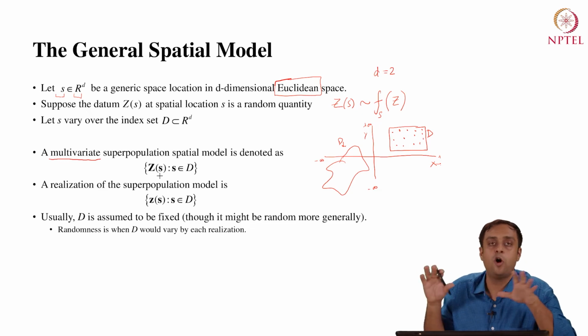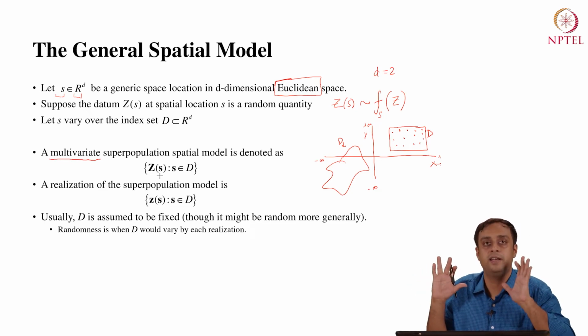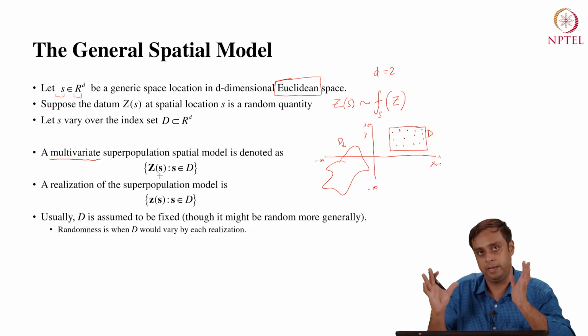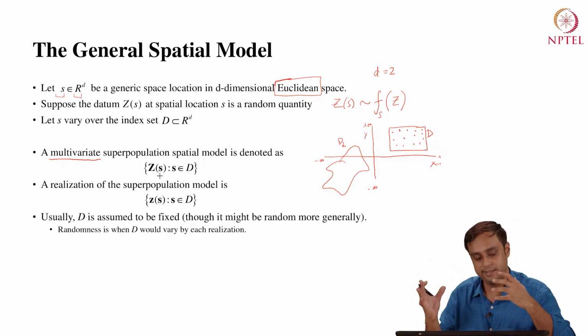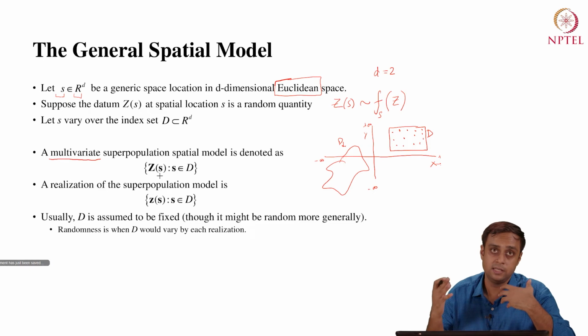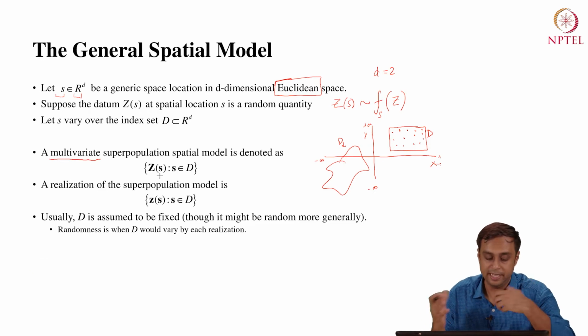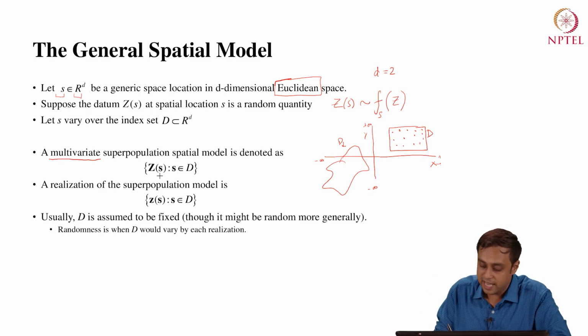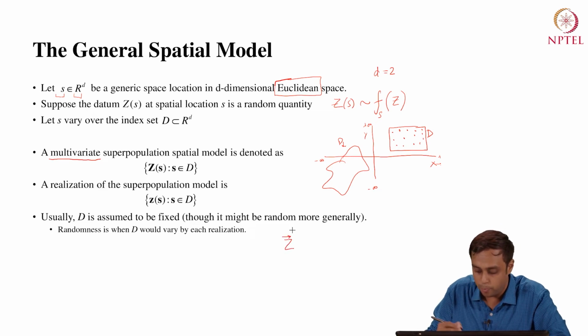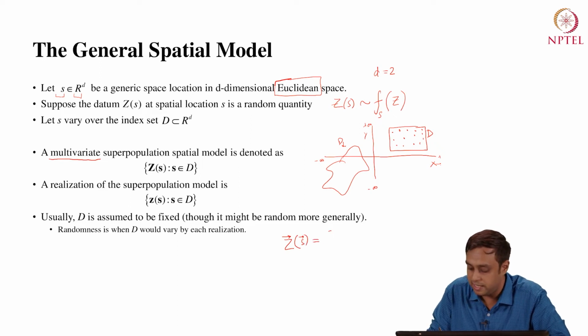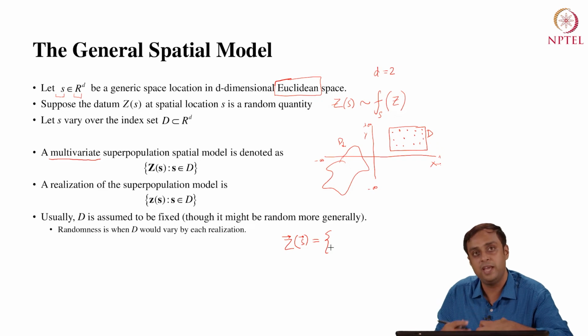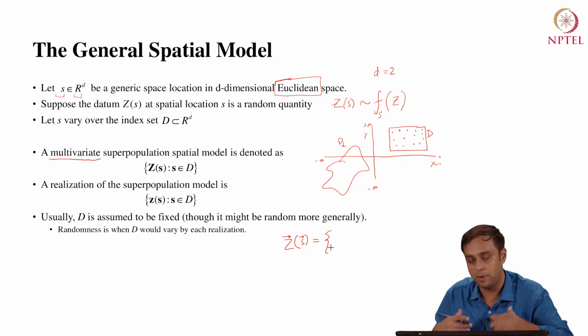And S must belong to D. So we are going to restrict our analysis, our characterization of the data, to this set D. Okay. So what we are saying is that this Z, bold S, bold, are vectors, a multivariate vector. So you have multiple variables.